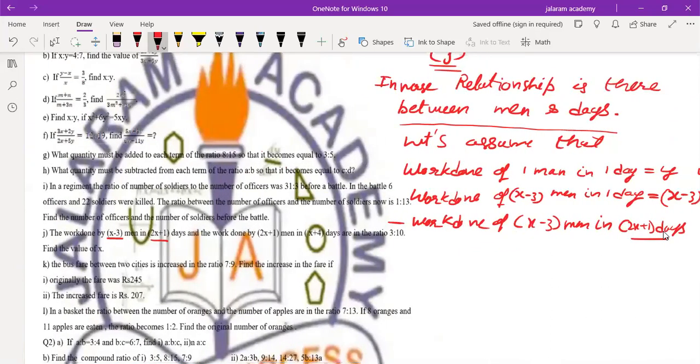Now, similarly, we use the second statement, the work done by 2x plus 1 men in x plus 4 days. We again take this line as the principal line.